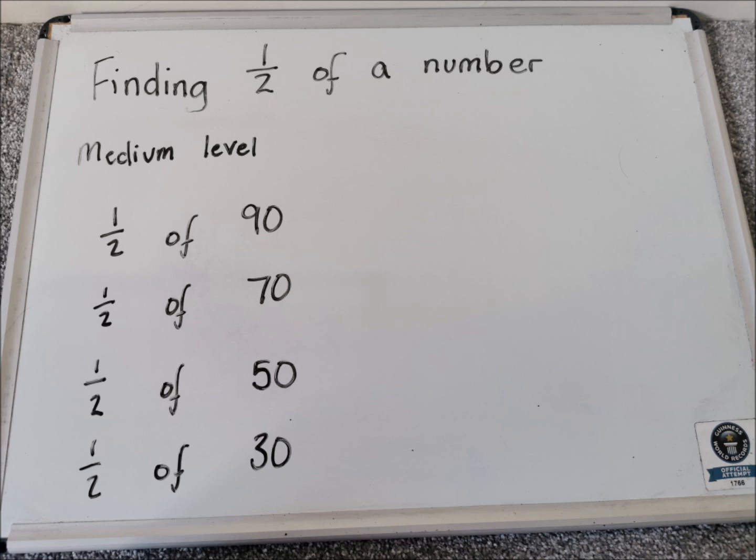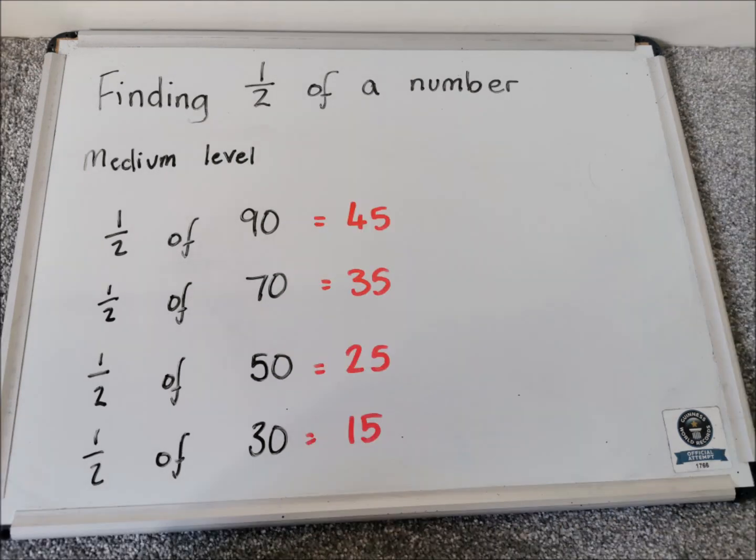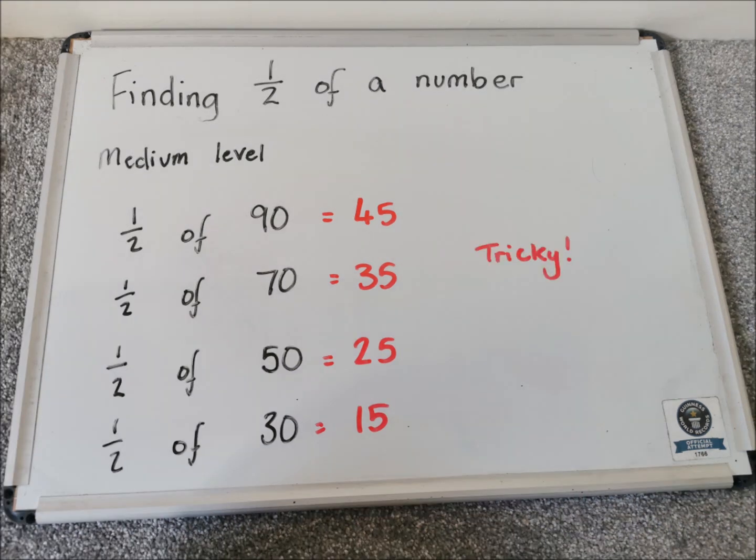So let's have a look at the answers to these ones. So half of 90 is 45, half of 70 is 35, half of 50 is 25, and half of 30 is 15. Like I say, I think you just have to learn these ones. We did go over it in class, it was a wee while ago, so if you have forgotten, don't worry about it. Maybe just pause the video just now, have a wee think about those.